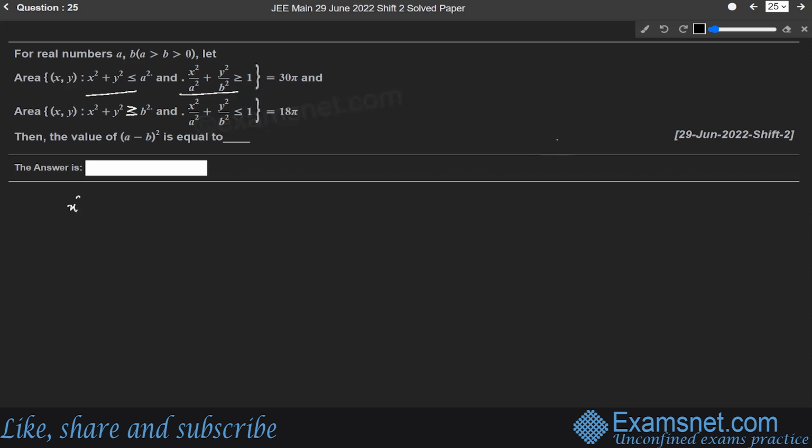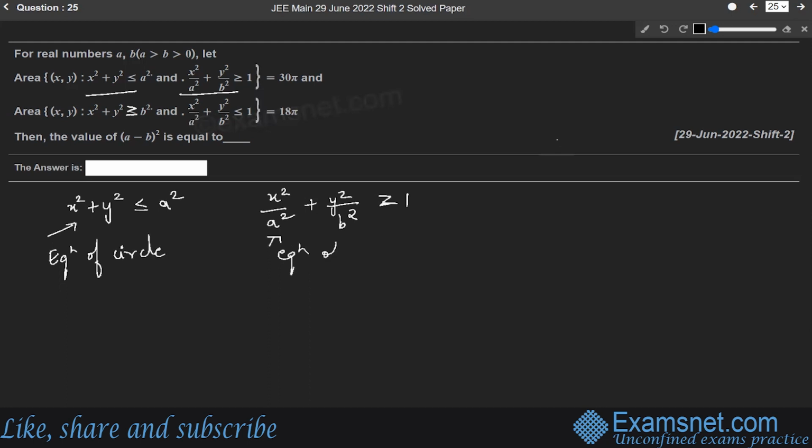The equations are x square plus y square is less than or equal to a square, and x square upon a square plus y square upon b square is greater than or equal to 1, right? If we talk about this first equation, it is representing a circle, means this is the equation for a circle. And the second equation is representing an ellipse. So this is an equation of an ellipse.